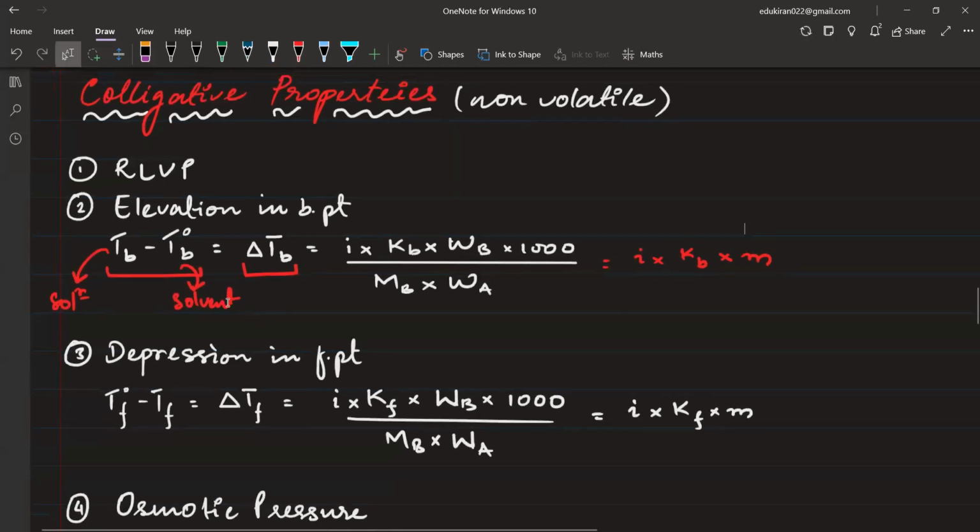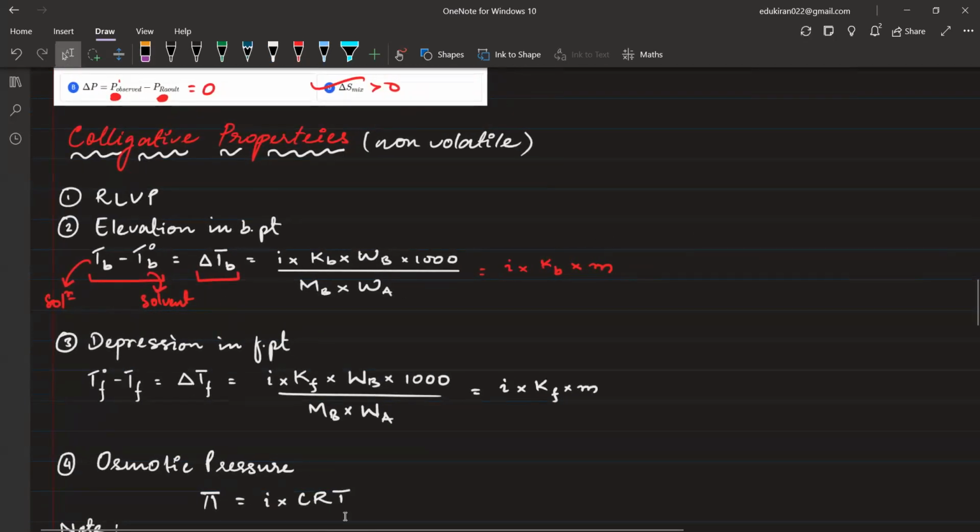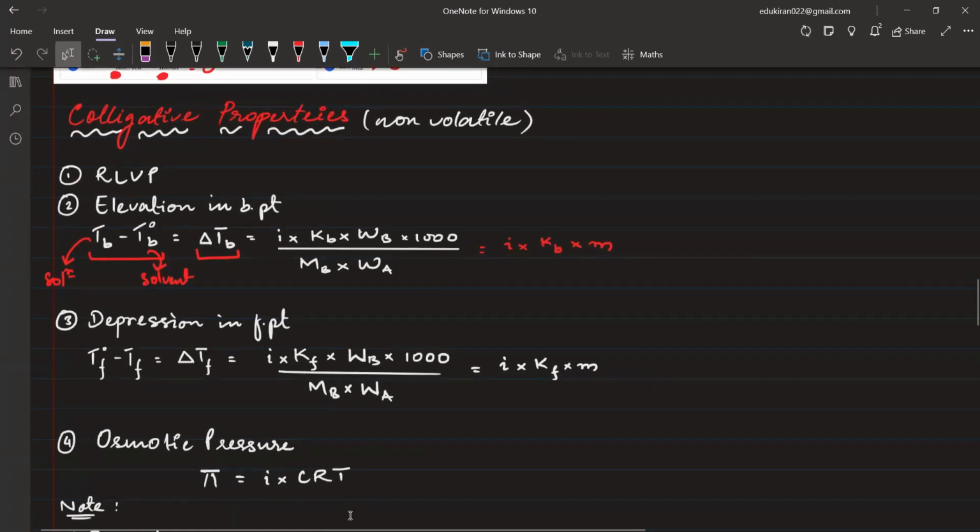Now please write these formula. I hope you are very acquainted with these formula. You can at least write till osmotic pressure. Please write this down.